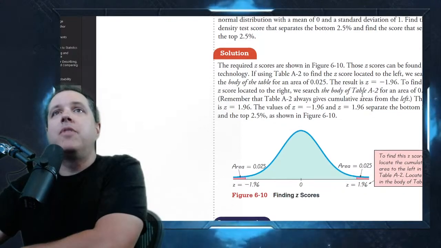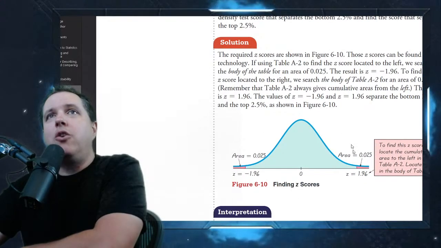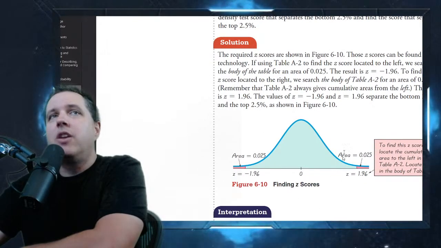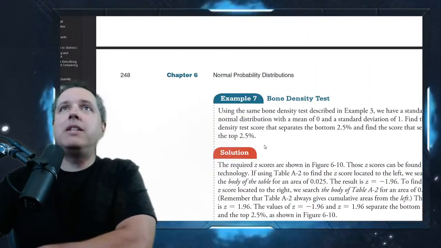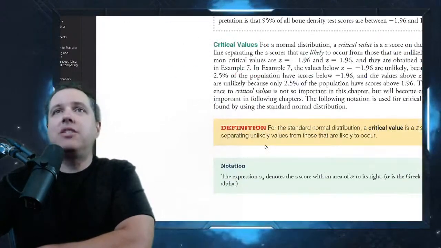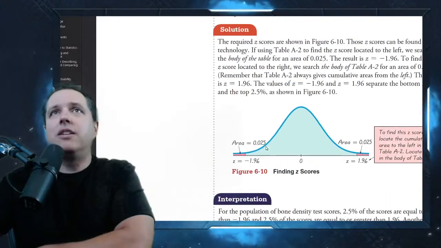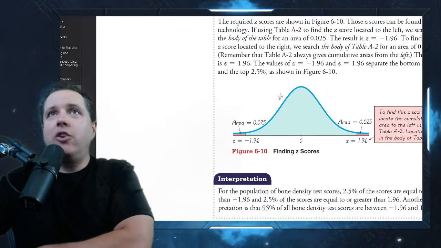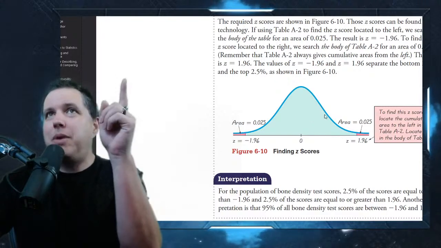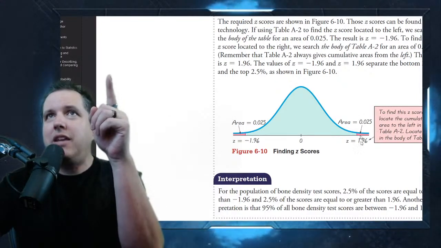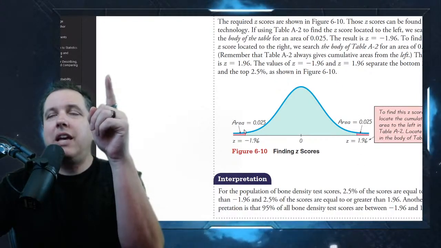So if maybe we want to know the middle 95%, well, if you think about it, it depends on how your problem is set up. Right here, if you're trying to find the middle 95%, then the common mistake is people will find this cutoff at 5% here and this cutoff at 5%.